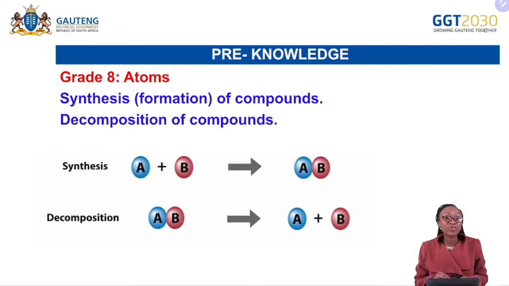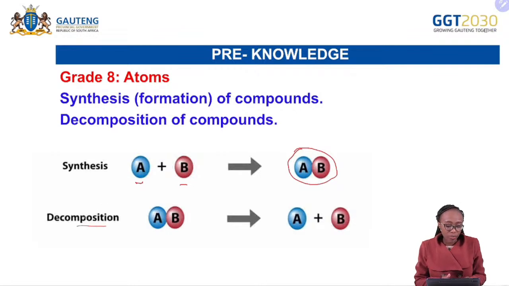If you remember, we said for a compound to be formed, there has to be some kind of rearrangement of atoms of different elements to form a compound. So that is the synthesis or the formation of compounds. If you look at my diagram here, I've got A and B, and then we bring them together, we end up with a compound AB.